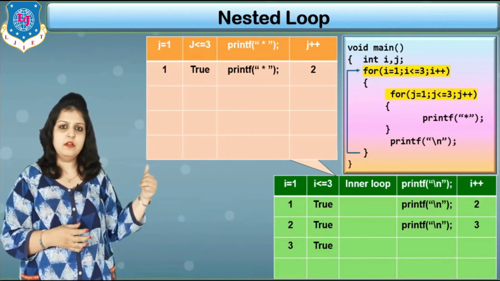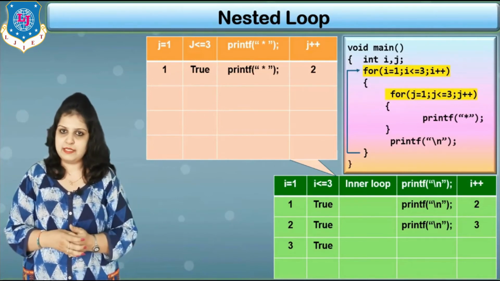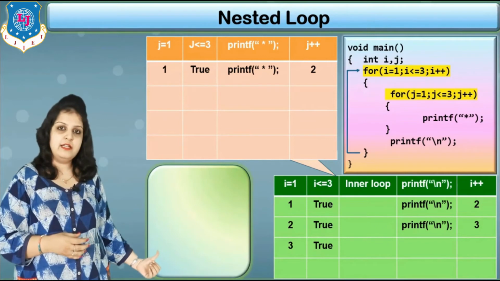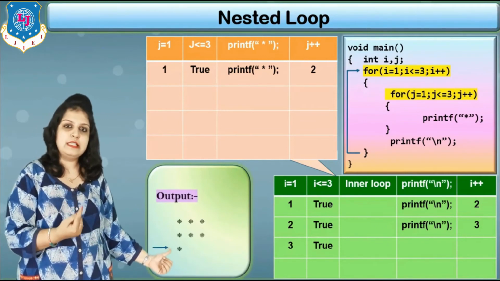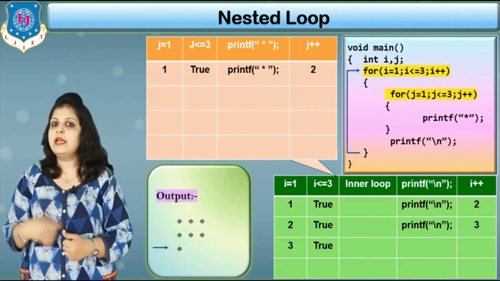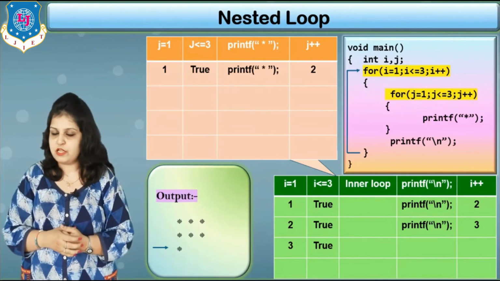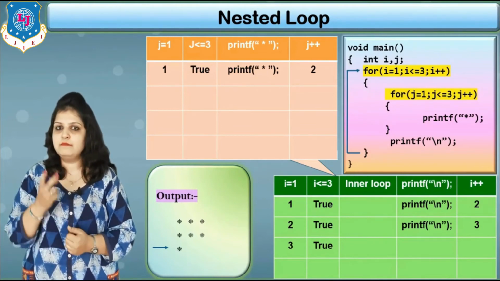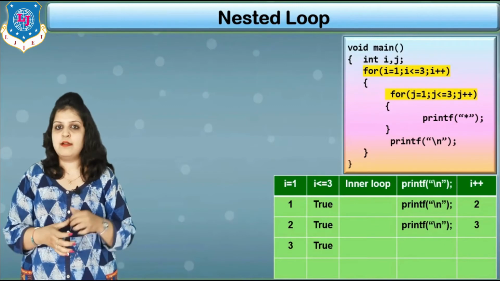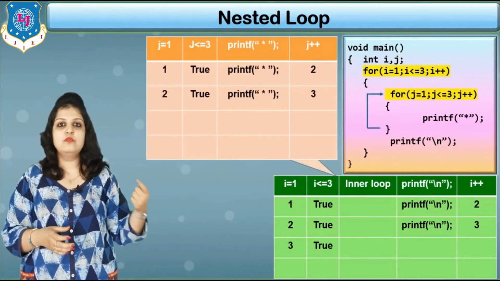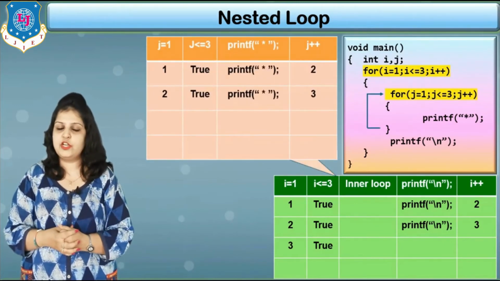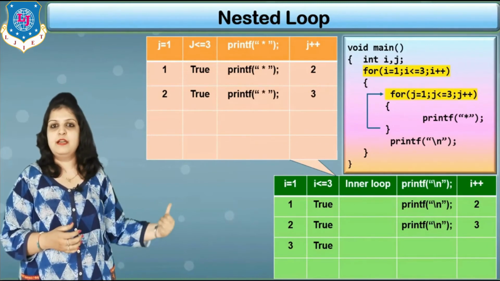So printf star will be executed, and in the third line the first star will be printed here, and then after that j plus plus. So our next j becomes 2, and for that again check the condition, 2 less or equal to 3, condition true again, then printf star.